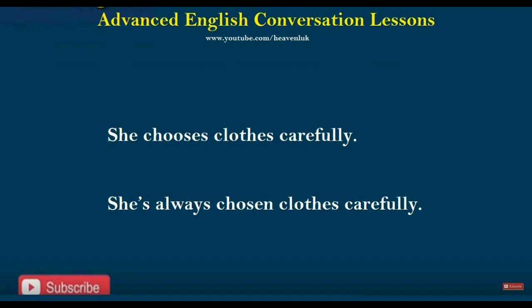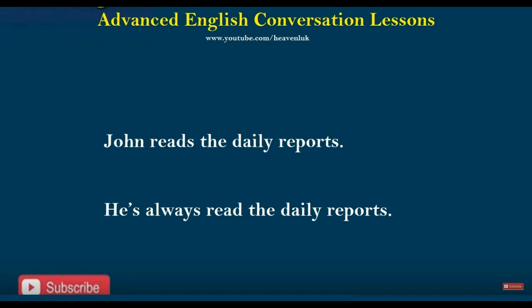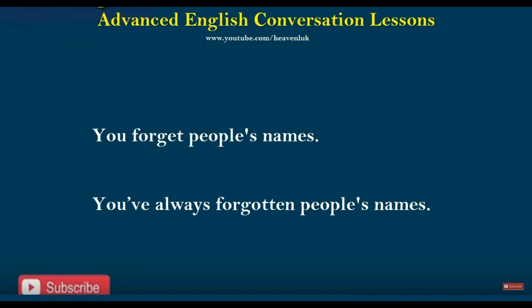She chooses clothes carefully. She has always chosen clothes carefully. John reads the daily reports. He has always read the daily reports. You forgot people's names. You have always forgotten people's names.